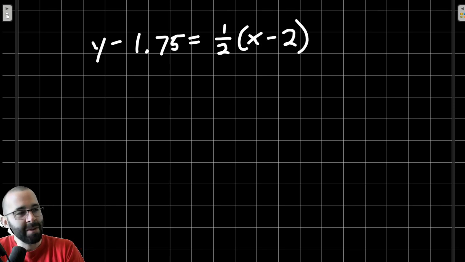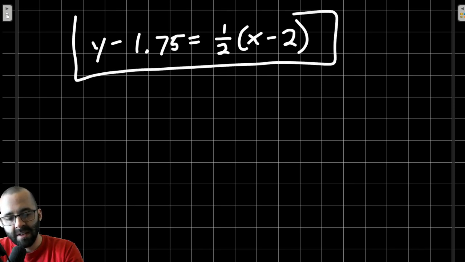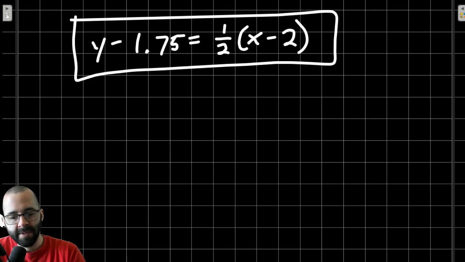And honestly, this is a pretty bad way to write your answer, right? We got a decimal over here. We got a fraction over here. It's not consistent at all, but I'll take it. Usually I prefer things either all in fractions or all in decimals, but I'll take it. And there we go. That's the answer.